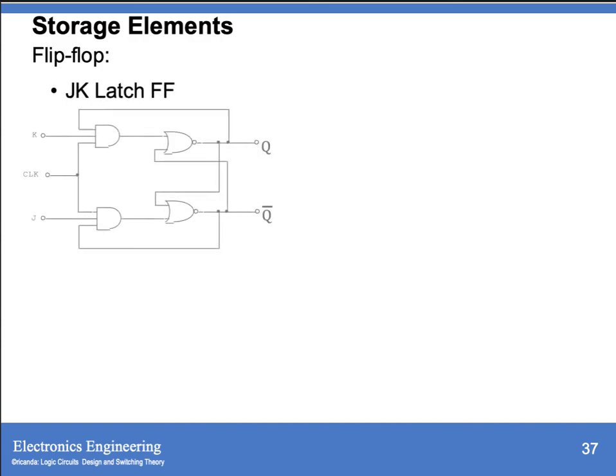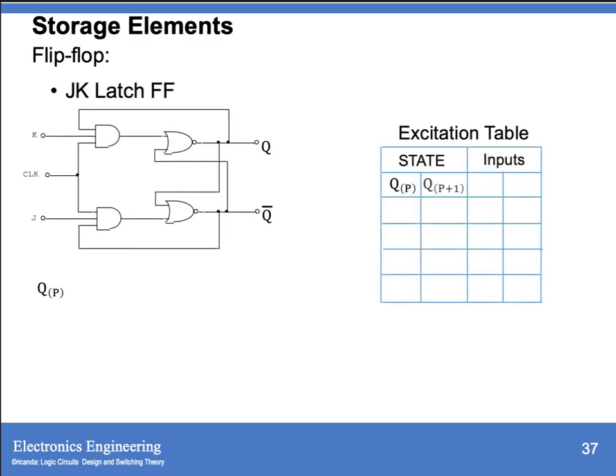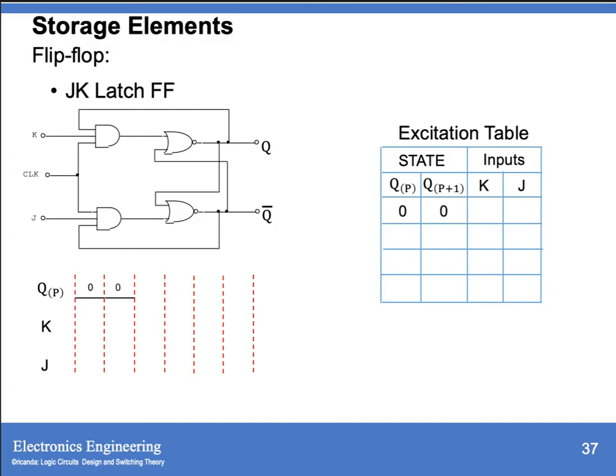For JK, we have to input K and J. So if your previous output is 0, and next output is also 0, we put first that our J and K at 0. So from 0 going to 0 for your output, your K is either 0 and 1.